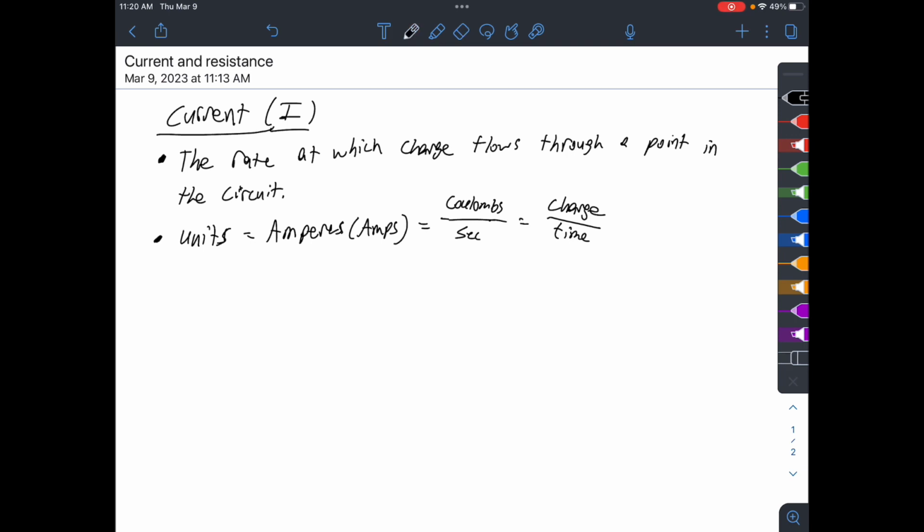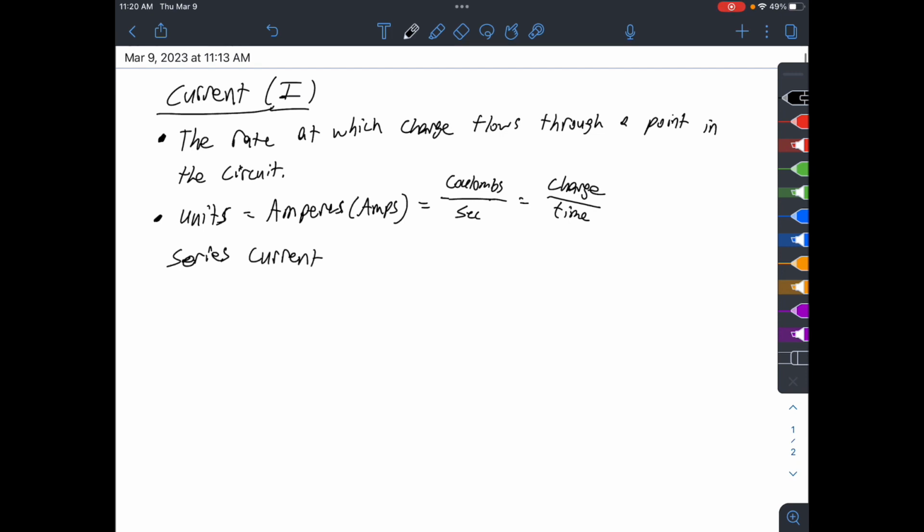There are two current rules, just like voltage, for series and parallel circuits. So again, I have a series circuit. The series current rule: if I have a series circuit here, and now I have currents across the battery and across each of the bulbs, because we're looking at current.